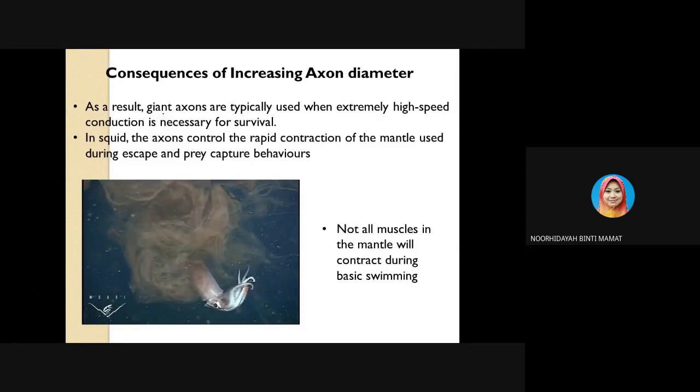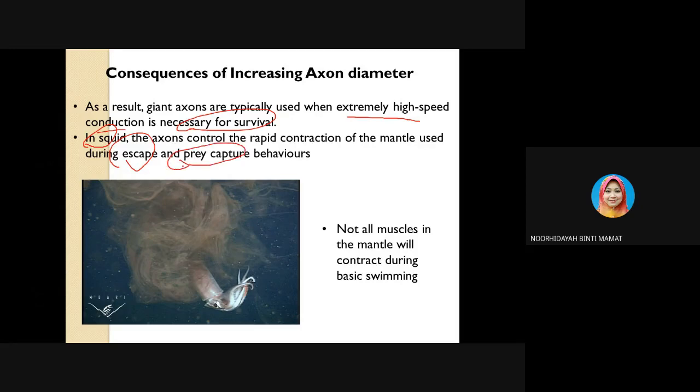As a result, giant axons are typically used when extremely high speed conduction is necessary for survival. They are not used all the time, only when extremely needed for survival. For example, in squid, the giant axon controls the rapid contractions of the mantle used during escape and prey capture behavior.